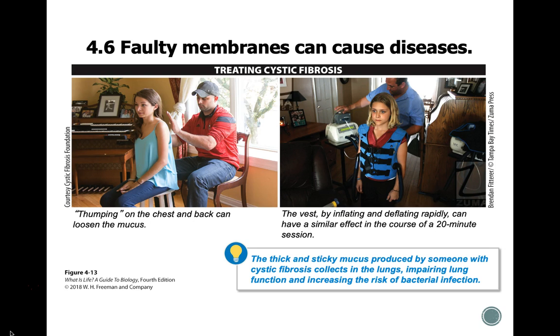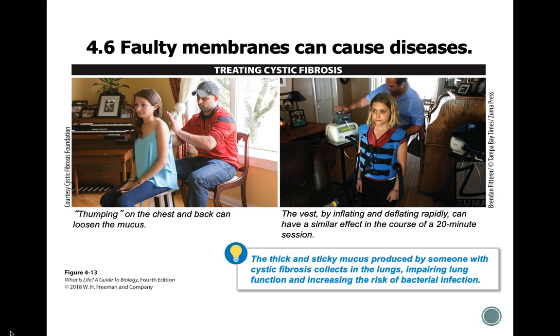So we're going to do an assignment in class that discusses cystic fibrosis just a little bit. But basically, cystic fibrosis occurs when an individual inherits two mutations from their parents for the cystic fibrosis chlorine transporter protein.